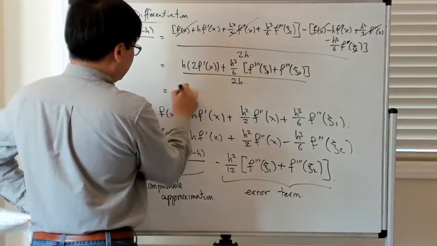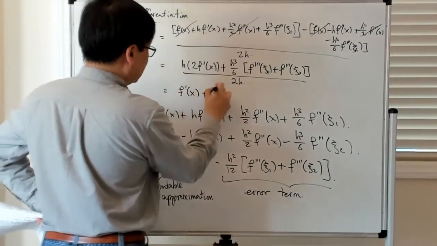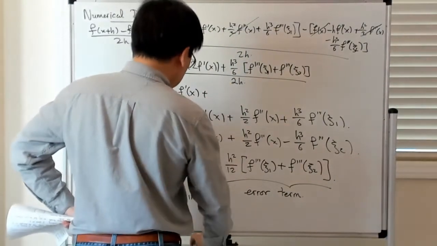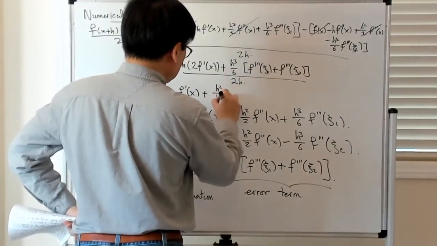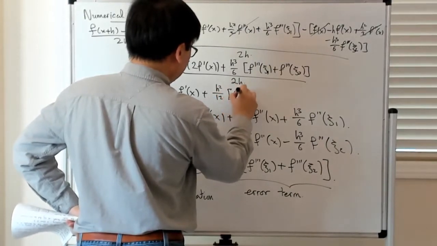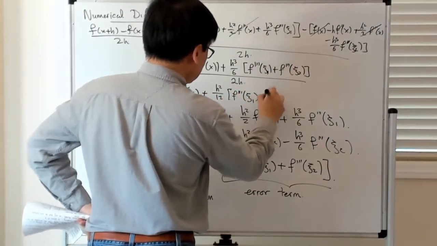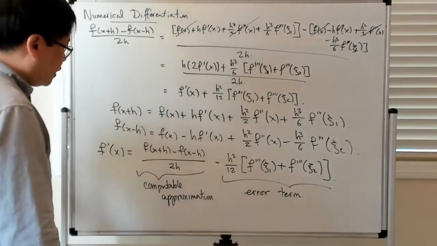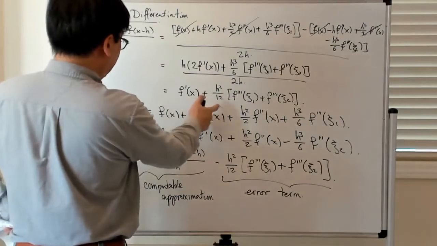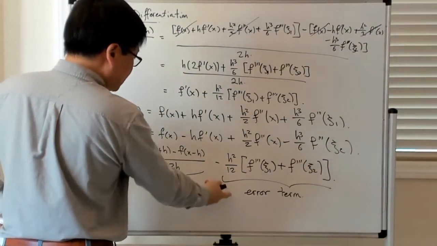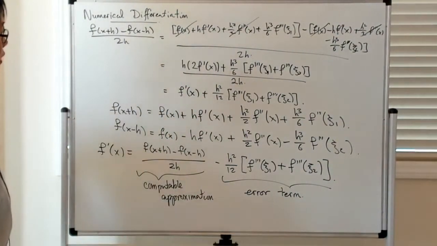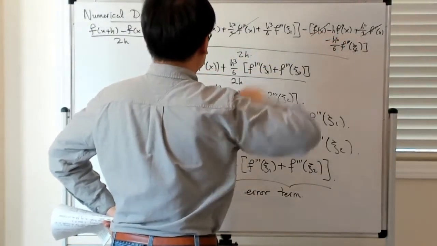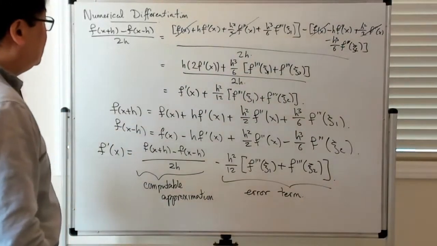So this is of course just f prime of x plus h squared over 12 times f triple prime at c1 plus f triple prime at c2. And then just moving this to the other side gives me exactly this equation which we have here. So it's relatively easy to see that this does the right thing.